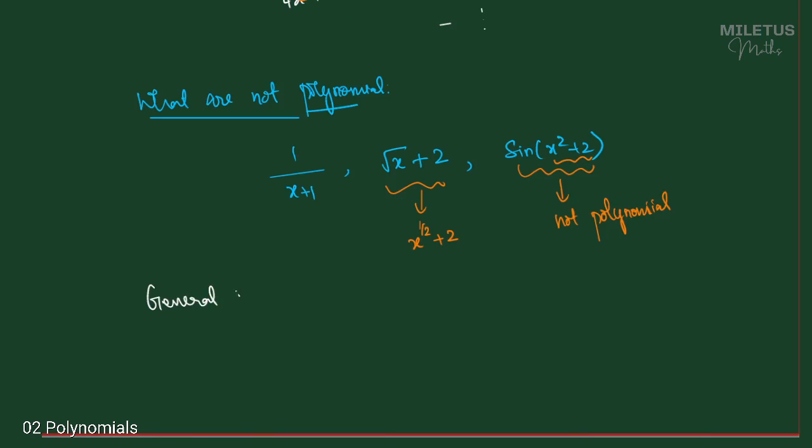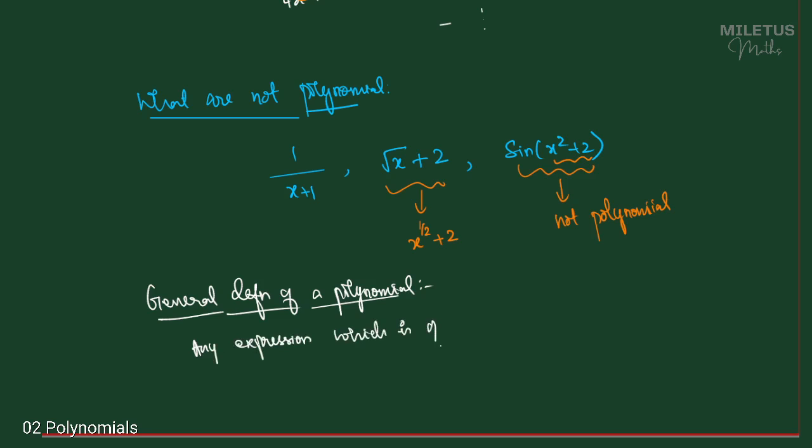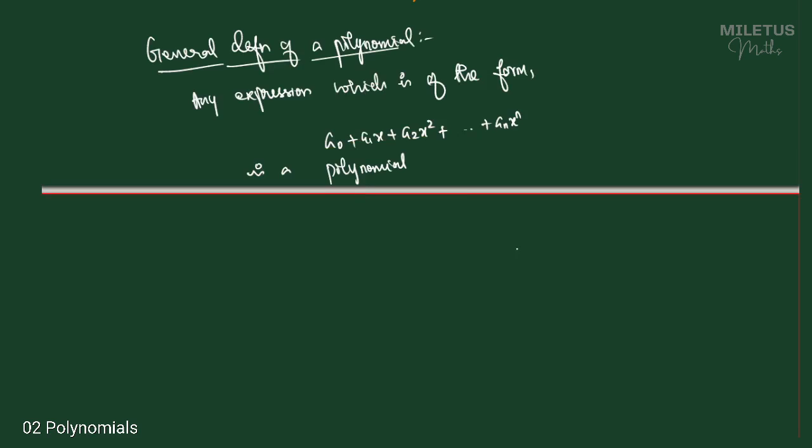The general definition of a polynomial: simple, any expression which is of the form a0 plus a1x plus a2x square plus and so on, plus an x to the power n is a polynomial. Okay, let me introduce a new page here. Yeah, so that is a polynomial.